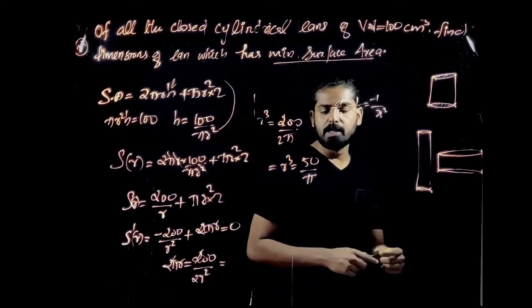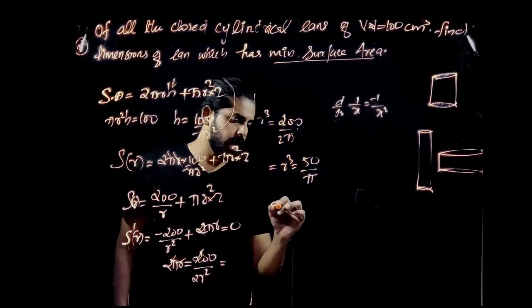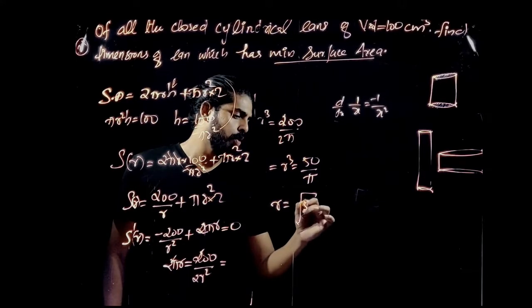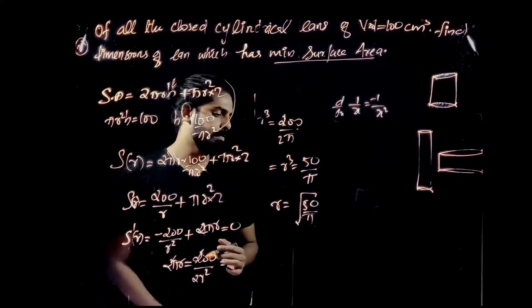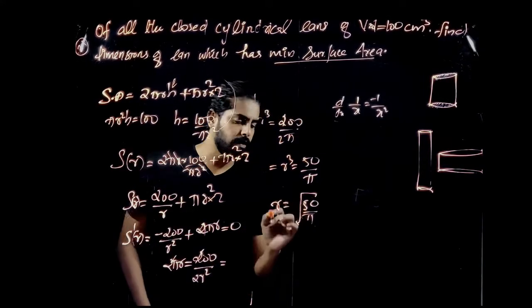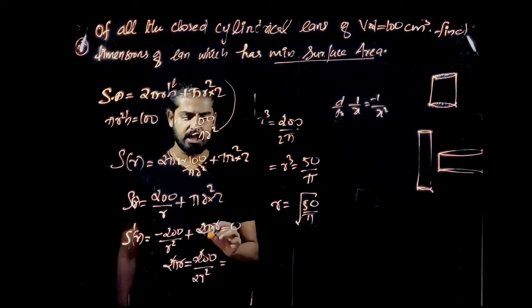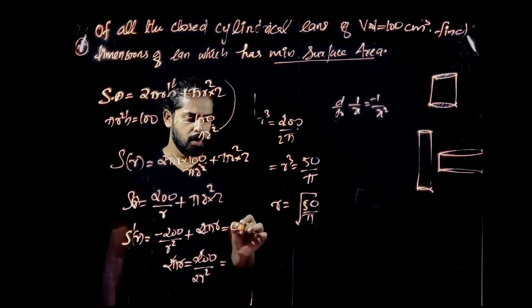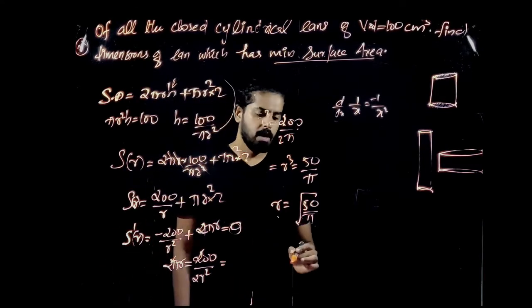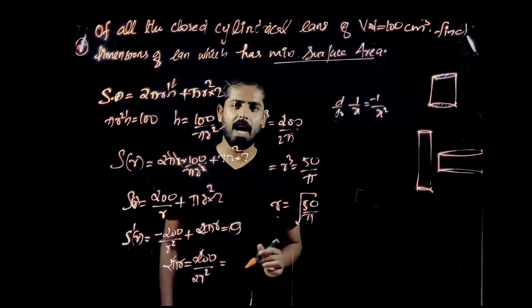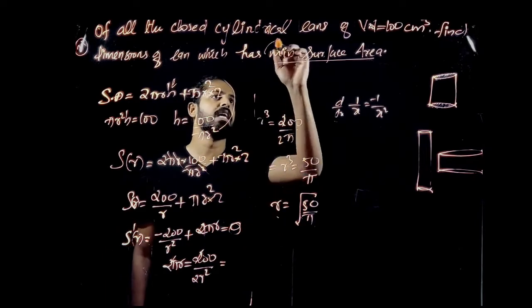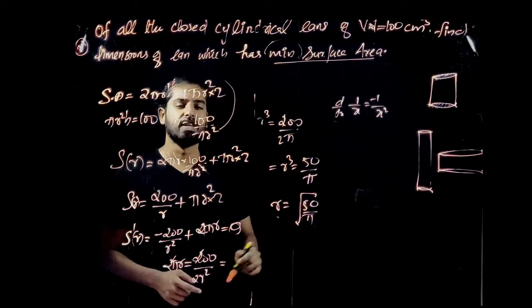Okay. So r cube is equal to 50 by pi and r is equal to the cube root of 50 by pi. Now we got the value of r when the derivative was equal to 0. We just equated the derivative with 0 and we got the value of r. Now we have to make sure that this r is a point of local minima, since we have to find the minimum surface area.